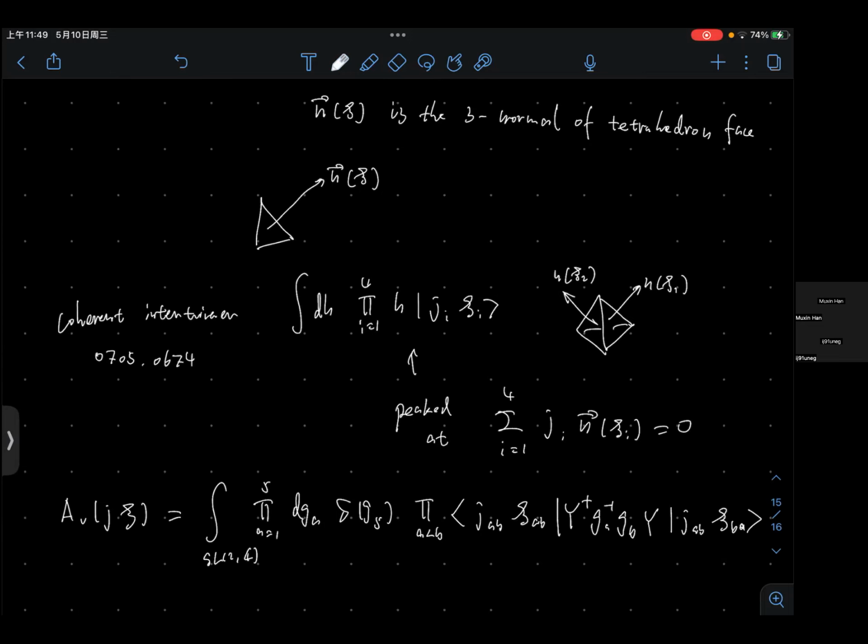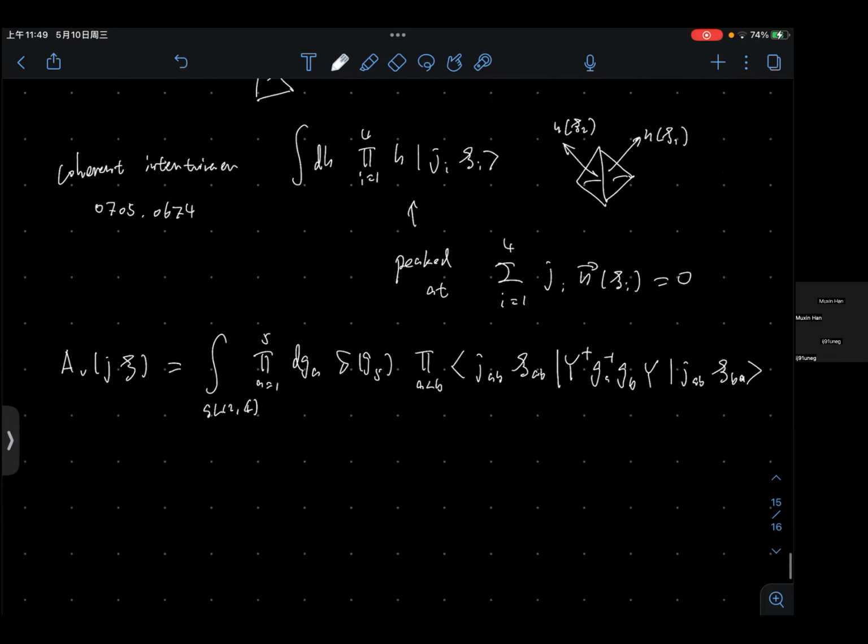Okay, so now this inner product. So this inner product is for the SL2C unitary irreducible representation.